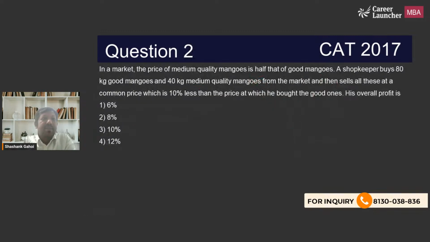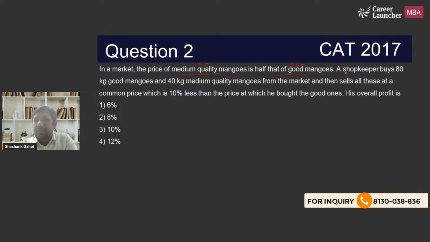What does it say? It says that in a market, the price of medium quality mangoes is half that of good mangoes. Okay, so what I can do, I can assume that price of medium quality is 100 rupees and cost of good mangoes is 200 rupees.